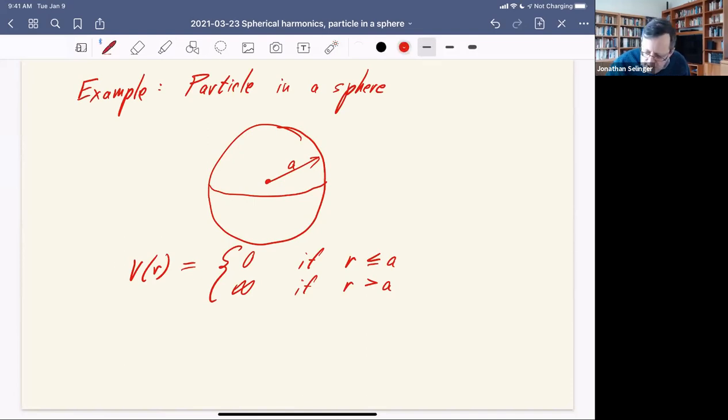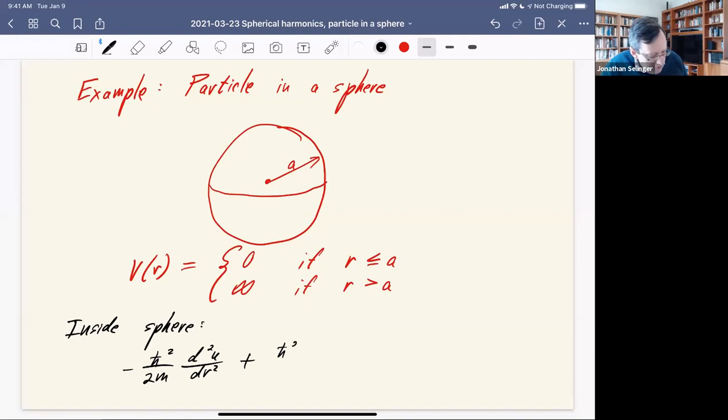Okay, so that means then, here, let's write it out. So inside the sphere, we have the equation with no potential energy. So this is negative h bar squared over 2m, d2u dr squared, plus the centrifugal term, l(l+1) h bar squared over 2mr squared, u, is equal to E times u.